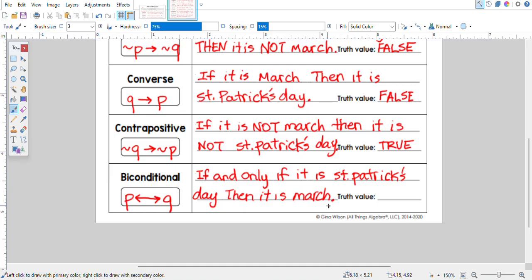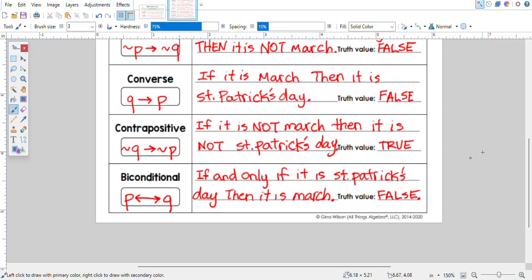The important takeaway here is it has to work both ways. So if and only if it is St. Patrick's Day, not any other day, only St. Patrick's Day, then it is March. Well, that's a false statement. And if I say it the other way around, if and only if it is March, then it is St. Patrick's Day. Again, there are other days in the month, so this is not necessarily true. We would say this is a false statement.